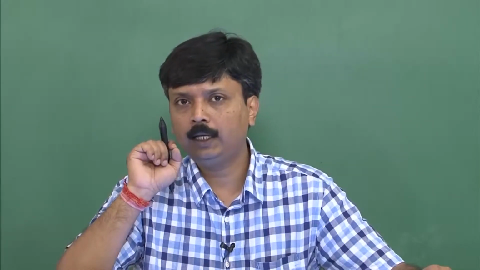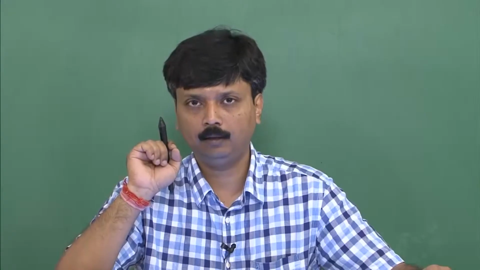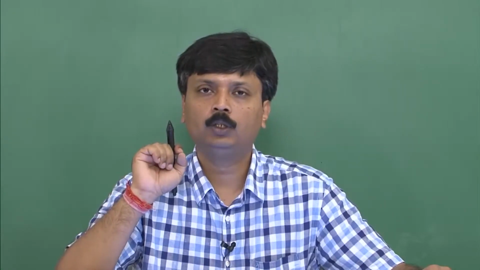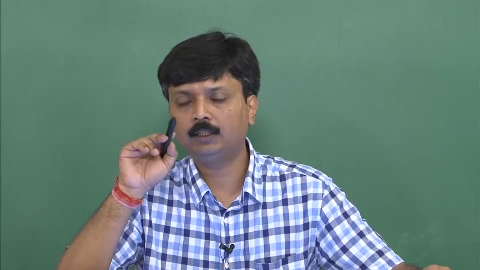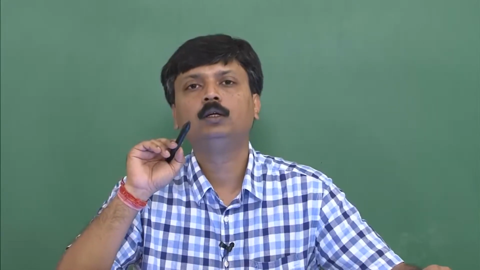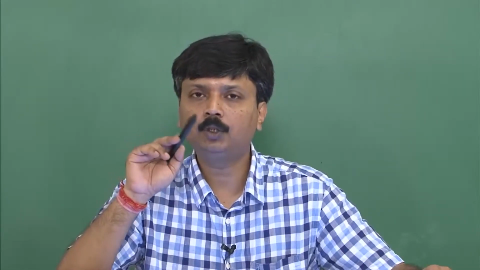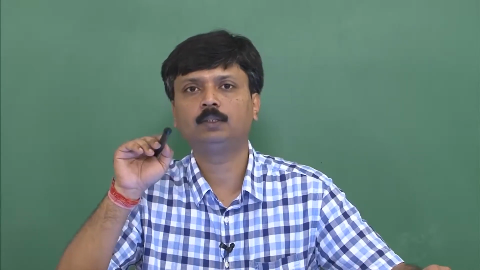So if we take x, y, and z coordinates on each atom, this arrow which defines part of this normal mode can be expressed as some combination of this x, y, z.